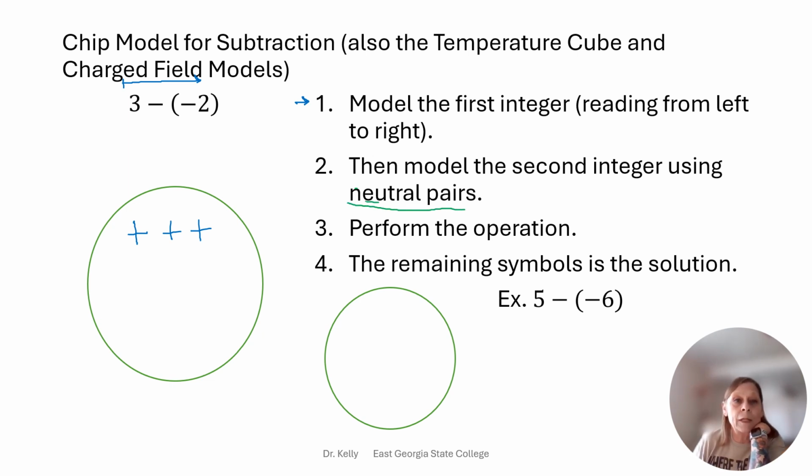And what that means is you have to put in a plus and a minus. So I'm going to do my neutral pairs here in red. So here's my neutral pair. There's 2 of them.